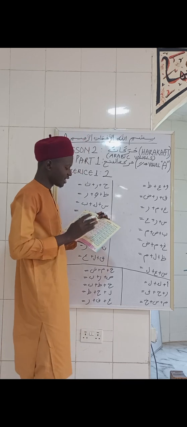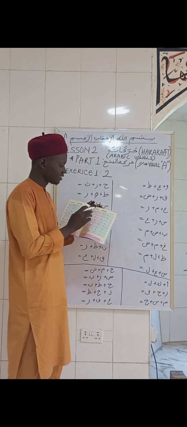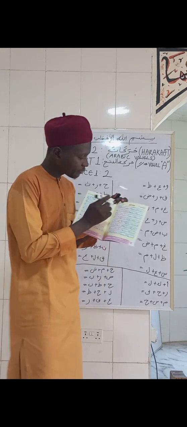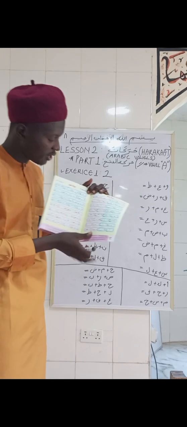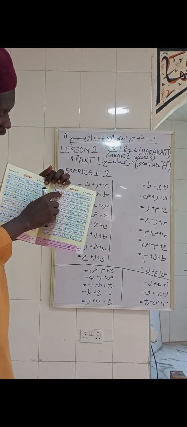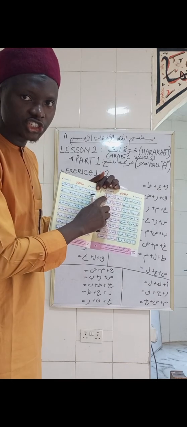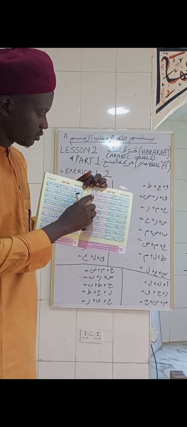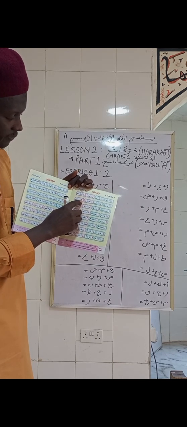That one has no issue. It's just ba, to, and shin. So the next one is what?